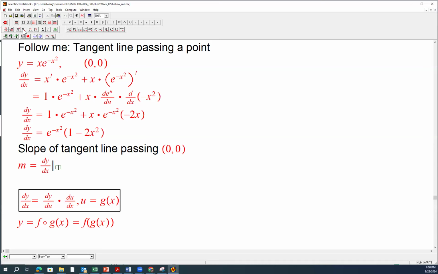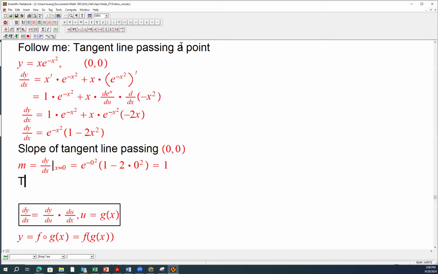And that equals, we're going to plug in, right? This function, replacing x by 0. That's going to be 1, that's going to be 0, so the final answer is going to be 1.